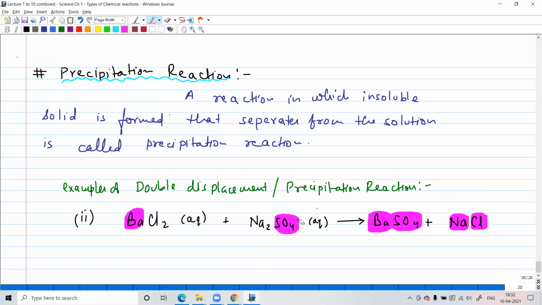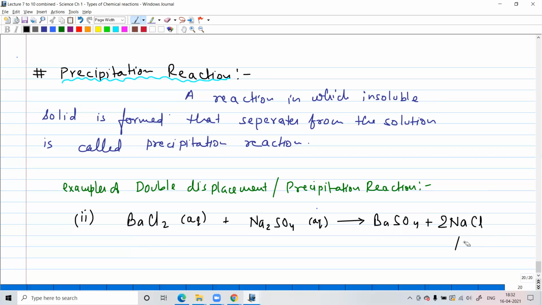No, sir. It's not. So how do you think we can balance it? We can put 2 in front of NaCl. Yes, very good. All we need to do is just put a 2 over here. So now sodium also becomes 2, like this side. Chlorine also becomes 2, like this over here. So now it is balanced.